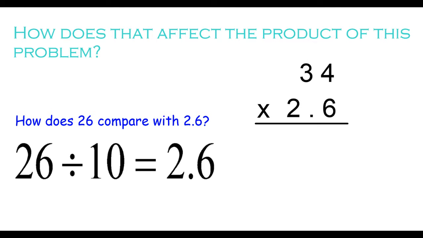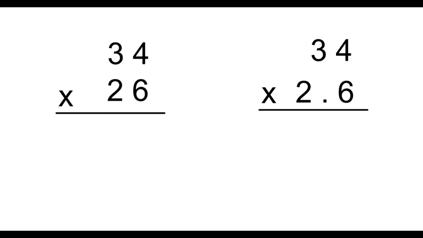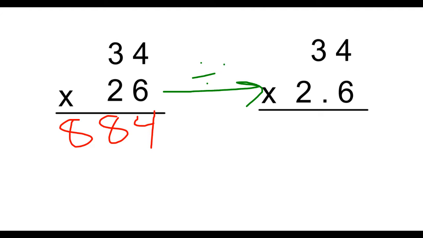So 34 times 2.6 compared to 34 times 26. 34 times 26 is 884, as we saw before. Now 34 times 2.6 is very much like 34 times 26, except 26 divided by 10 is 2.6.